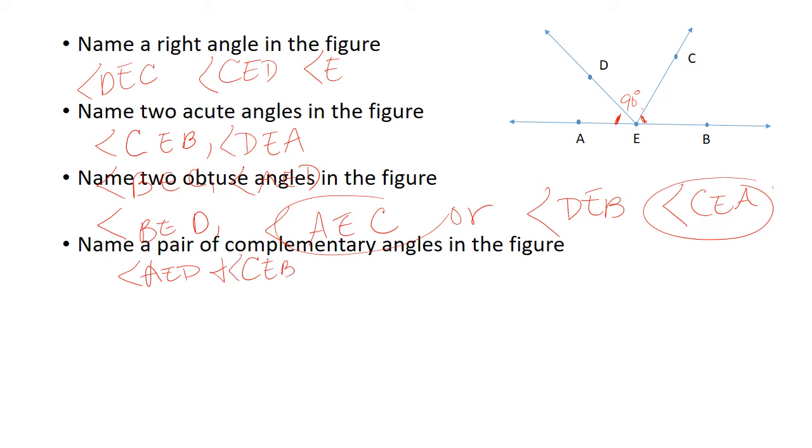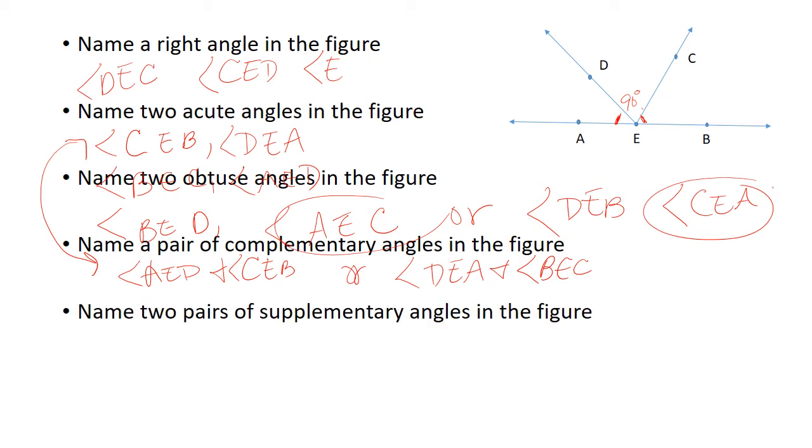The other way you could write those is angle DEA and angle BEC, as long as your E is in the center. Because point E is the center of all of these angles, you have to name them using all the other letters as well.